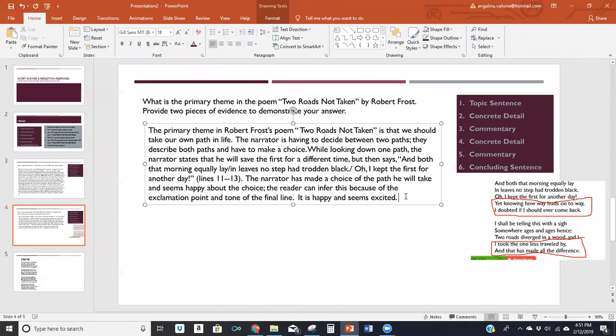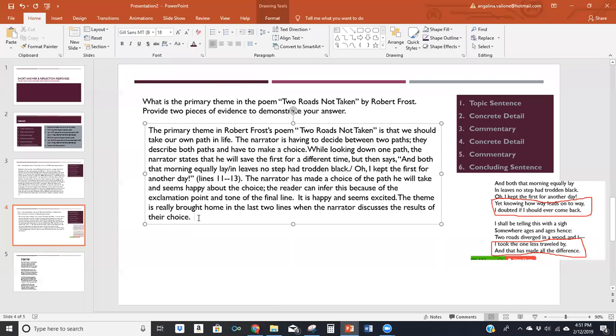All right, so then finally, the theme is really brought home in the last two lines when the narrator discusses the results of his choice. Change this again to there.